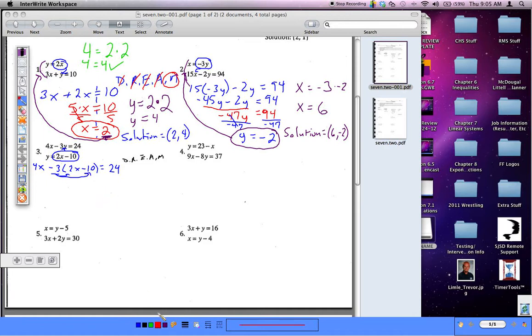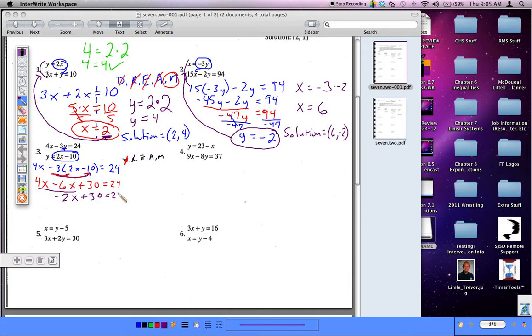In fact, I'll do that in a different color so you can see that step more clearly. Distribution happened using the red. 4x minus 6x plus 30 equals 24. Next step would be regrouping, which we'll do in purple. 4x minus 6x is negative 2x.